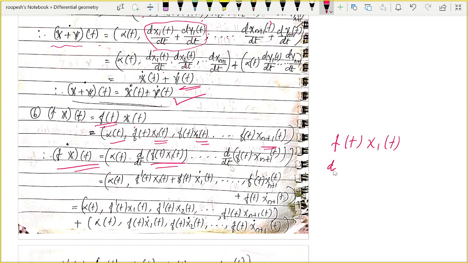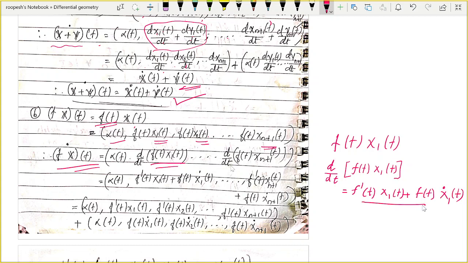When you are finding the derivative, d by dt of f(t) into X1(t), a single term only I am writing. So this should be equal to the derivative of the first term. It is a scalar one, so I can put a dash: f dash of t into X1(t), plus, by the product rule, the next term f(t) into X1 dot of t, right? So this is a single term.